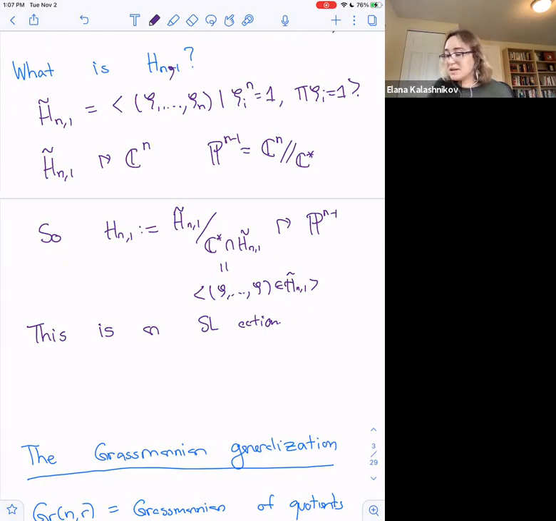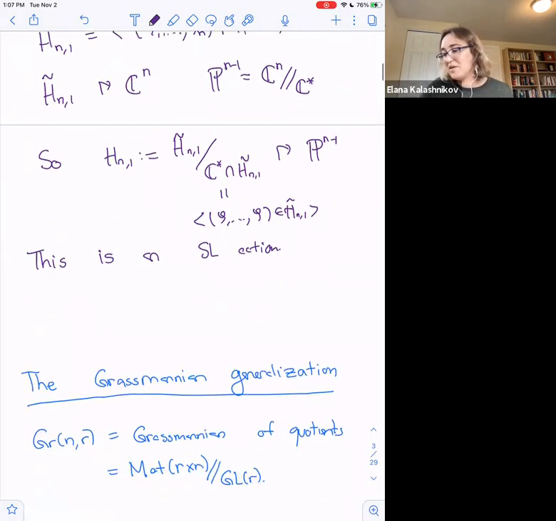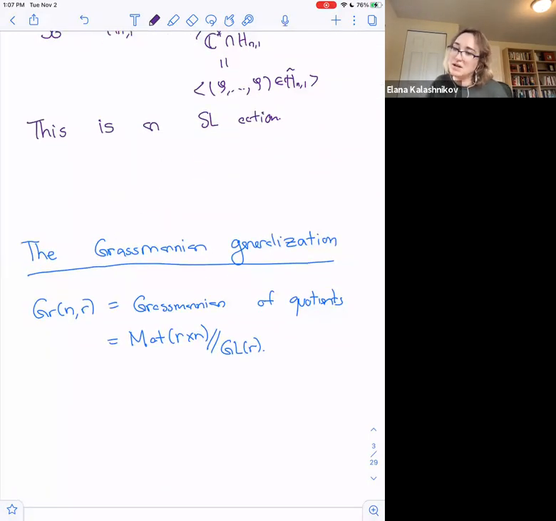So how can we generalize this to the Grassmannian? I claim that the following is a very natural generalization. The Grassmannian can be constructed as a GIT quotient, just like projective space. My Grassmannians are always Grassmannians of quotients, so n is the ambient dimension and r is the dimension of the quotient space.